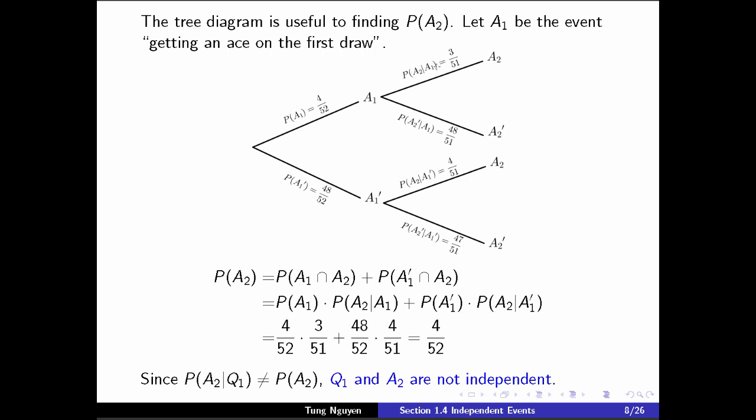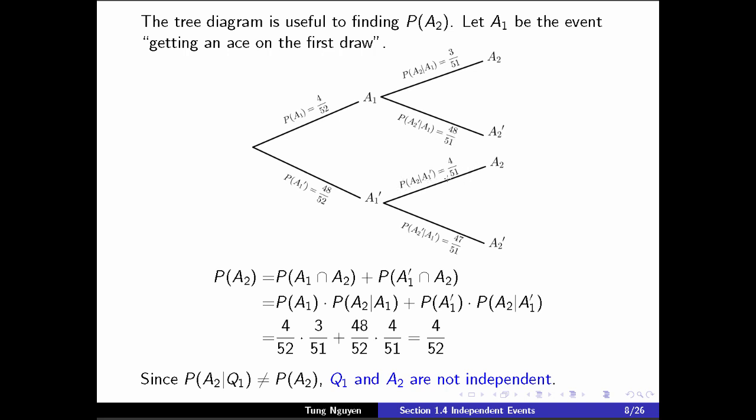Now, this probability, which is getting an ace the second time, given that the first time was also an ace, will be 3 over 51, because the deck now has only 51 cards, with 3 aces still among these 51 cards. And this branch here, the probability will be 48 over 51.